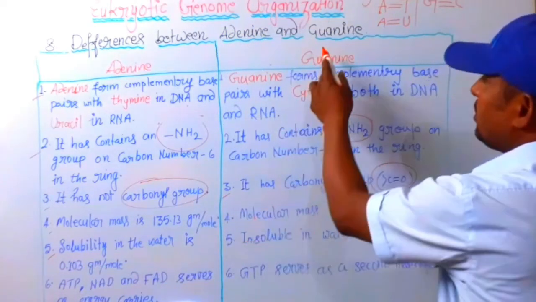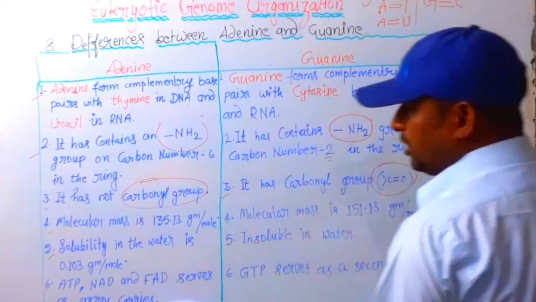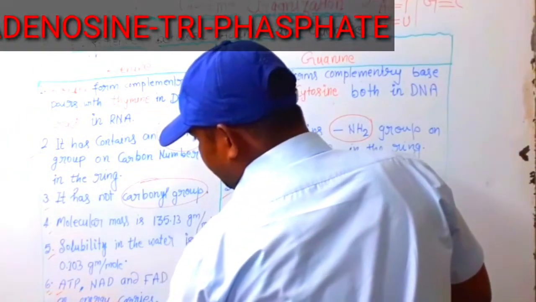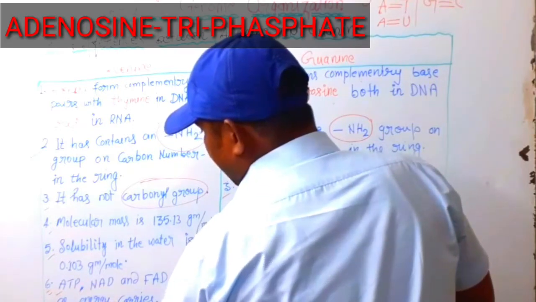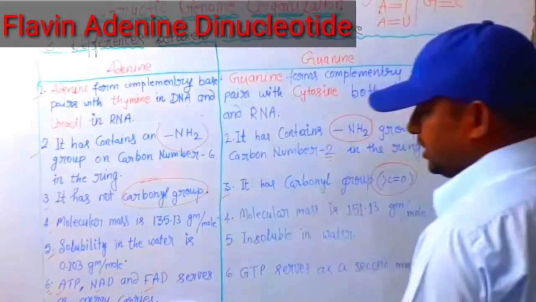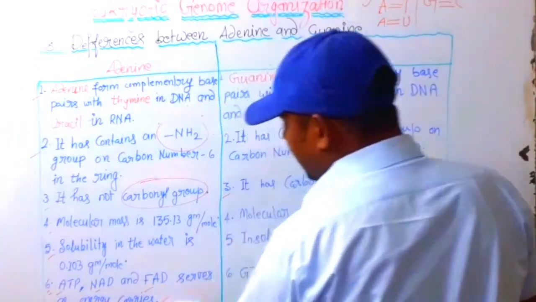Solubility of adenine in water is 0.103 gram, while guanine is insoluble in water. Point number 6, ATP, adenine triphosphate, NAD and FAD serve as energy carriers.